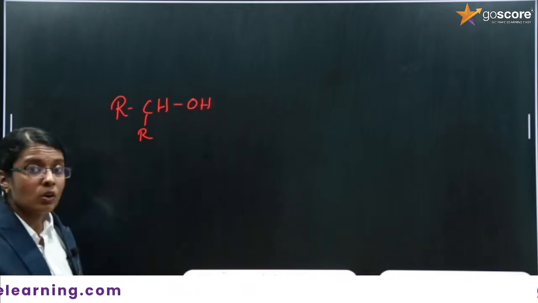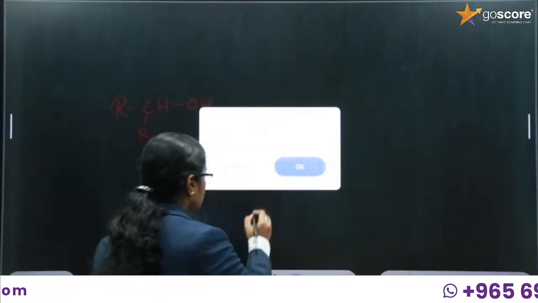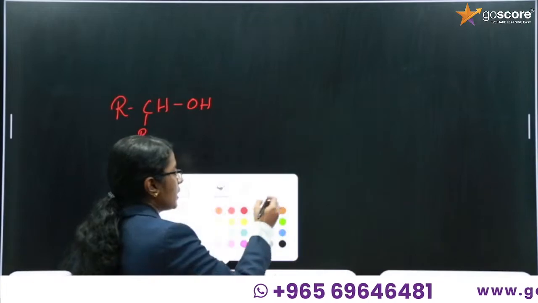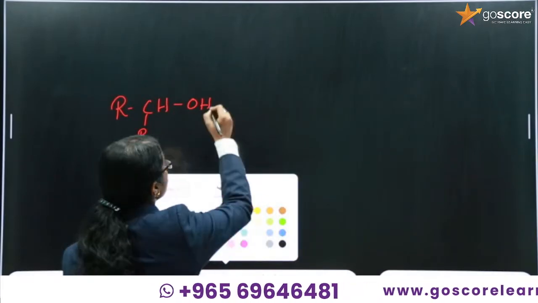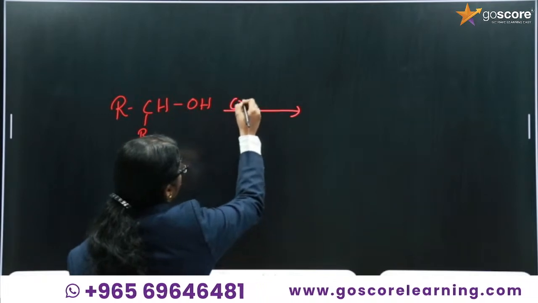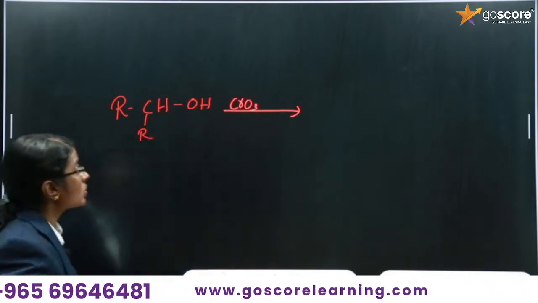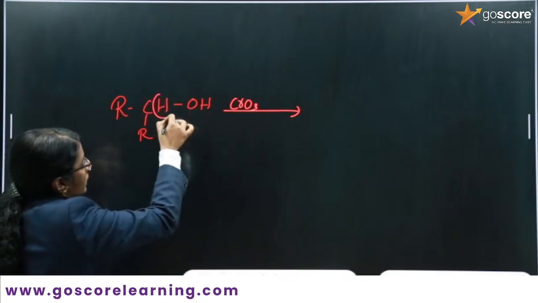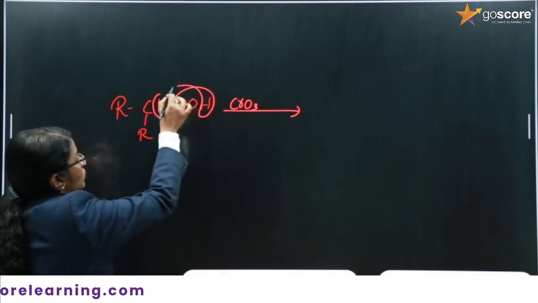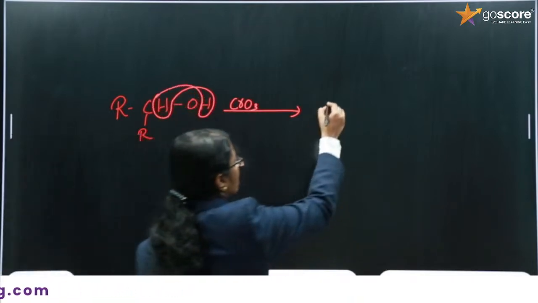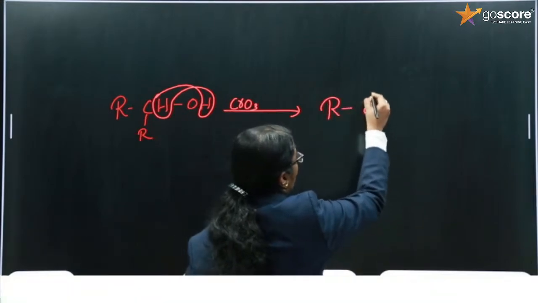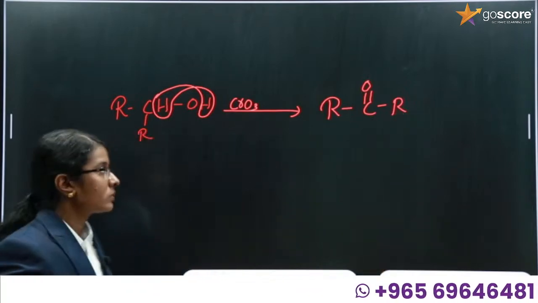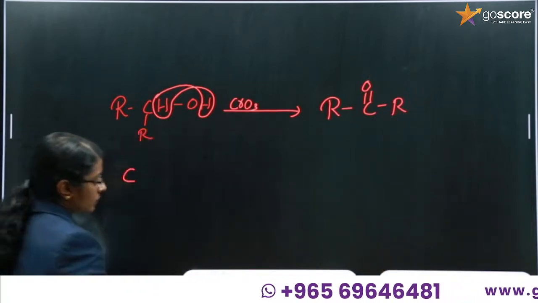The secondary alcohol on treating with CrO3, here also the CH and OH bond will cleave and dihydrogen will be eliminated. So you will get the corresponding ketone, R-C(=O)-R.